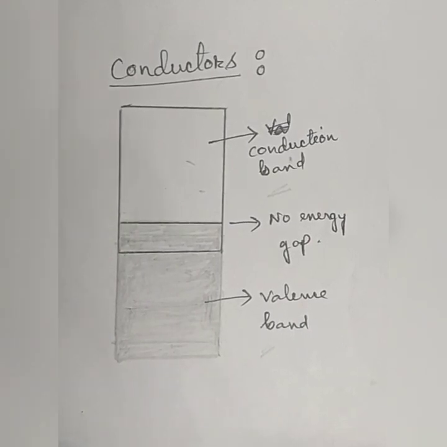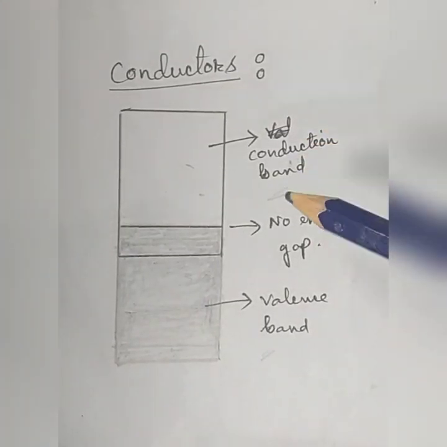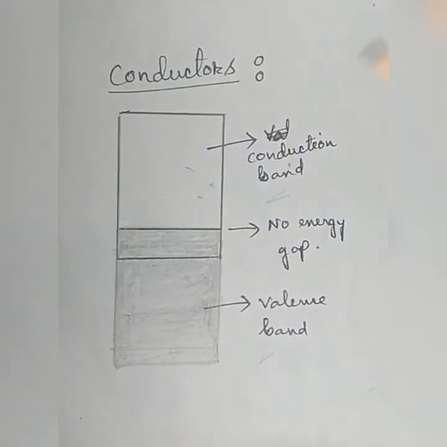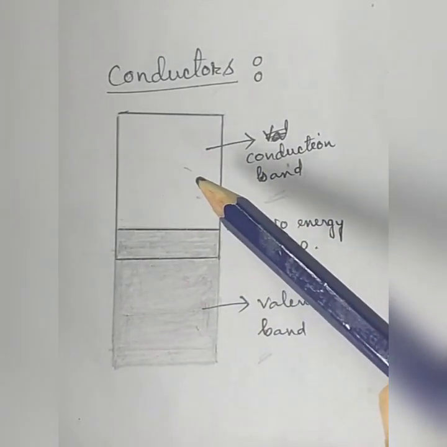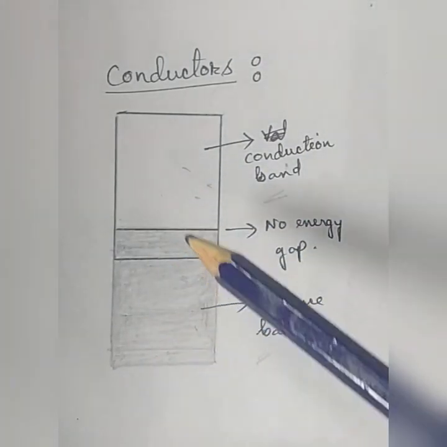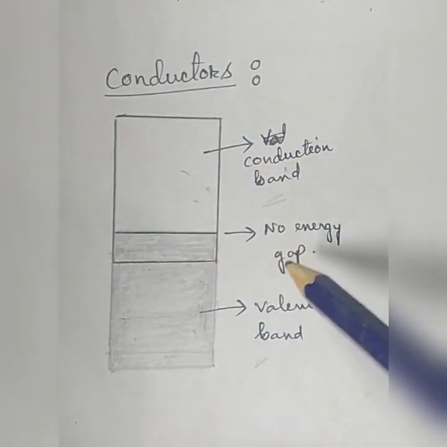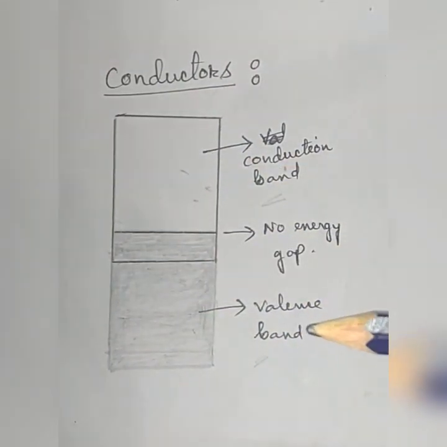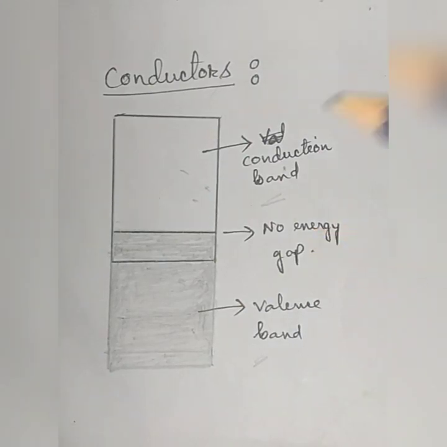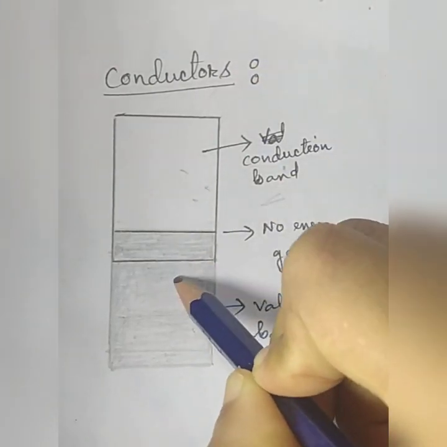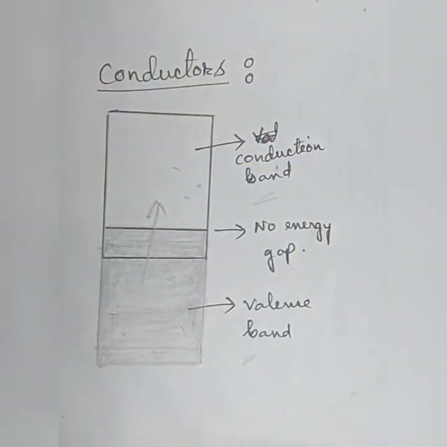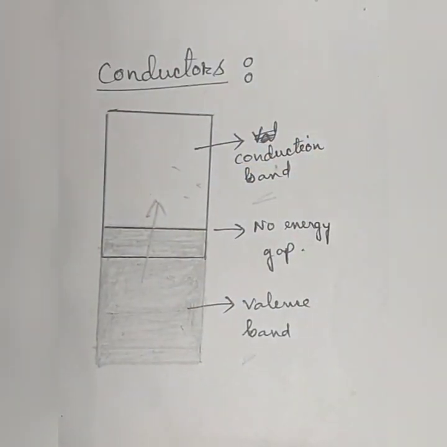So conductors. What are conductors? In conductors, the conduction band and the valence band, that means the empty band and the filled band, overlap with each other. There is no energy gap between the conduction band and valence band. Therefore the electrons of the filled band can jump easily to the conduction band.